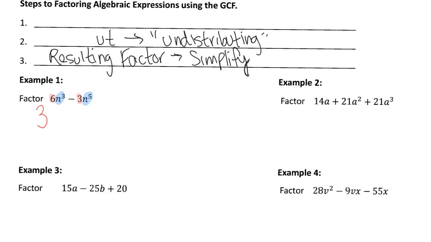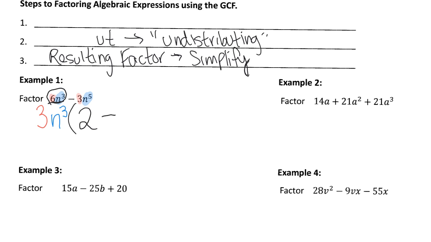So the smallest exponent that this binomial shares is n to the third. So we are taking a 3n to the third from both of those. So we're dividing 6n to the third by 3n to the third, and when you do that, you get 2.